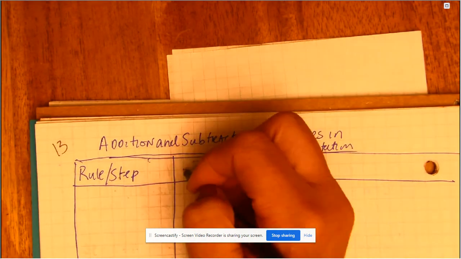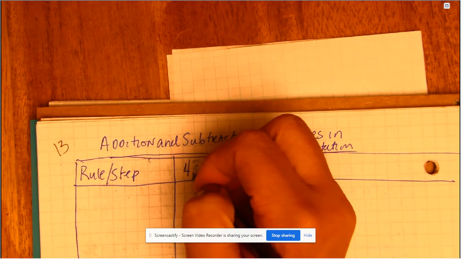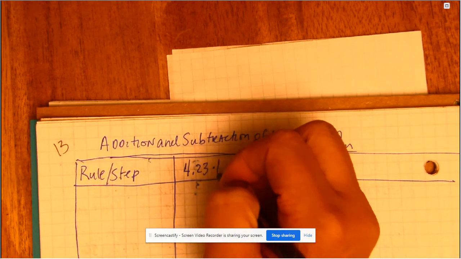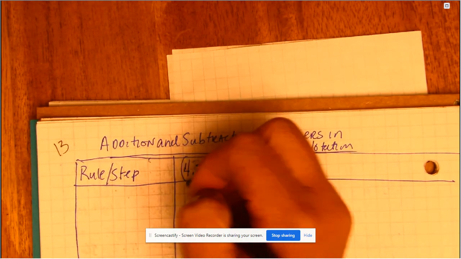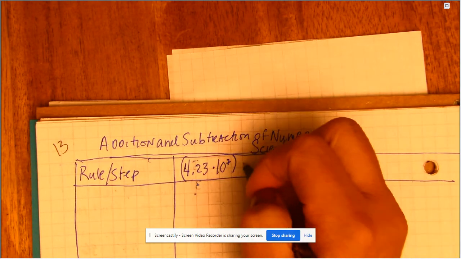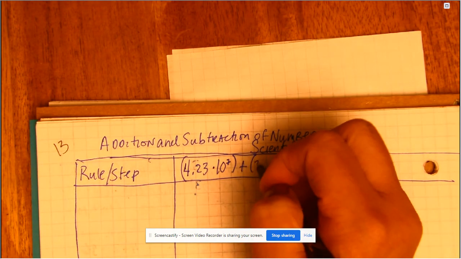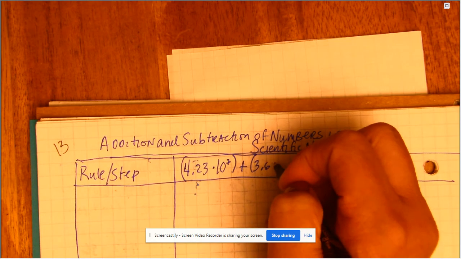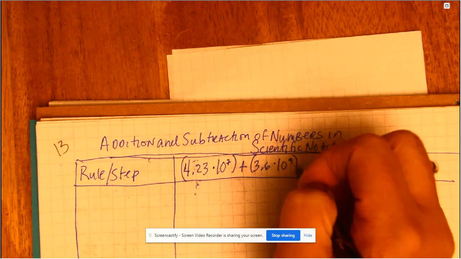And the first example problem we're going to do with that is 4.23 times 10 to the 7th plus 3.6 times 10 to the 9th.